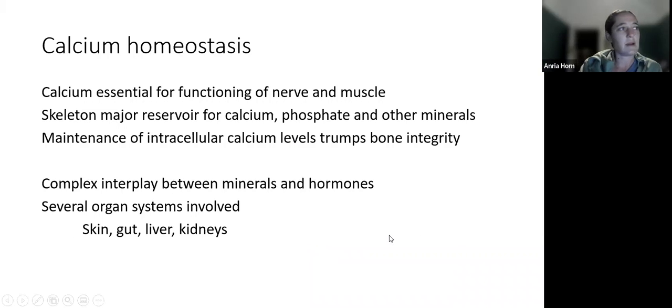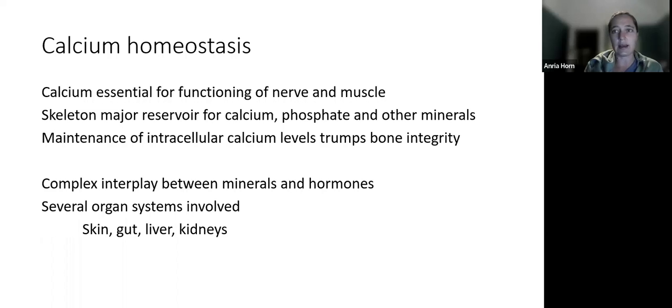Calcium homeostasis is another important thing to understand when you're looking at metabolic bone diseases. It's essential for the functioning of nerves and muscles, and this is the intracellular calcium that functions within the cells. The skeleton is a major reservoir for calcium, phosphate, and other minerals.